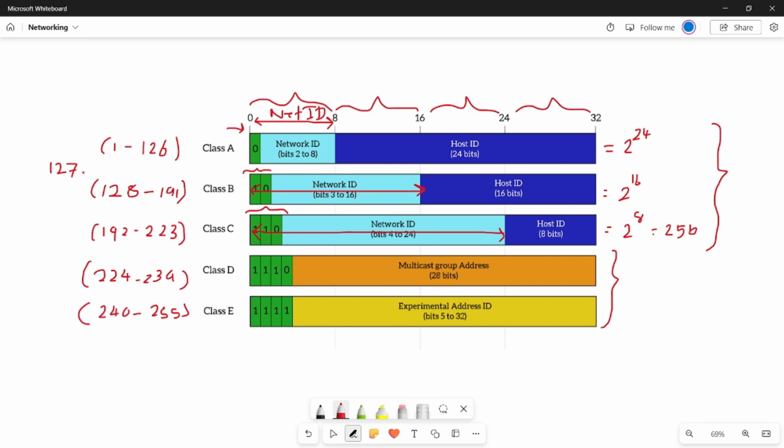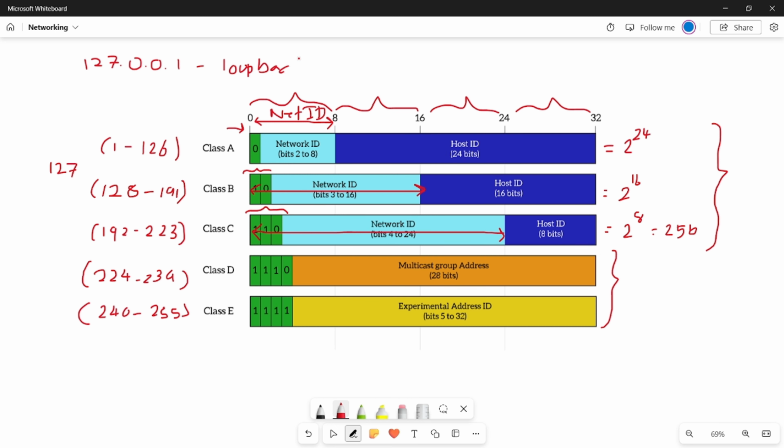The IP address range that starts with 127 is not there. Why don't we mention it here? The range starting with 127 is dedicated for testing purposes. We have a special IP address, 127.0.0.1, which is normally called the loopback IP address.